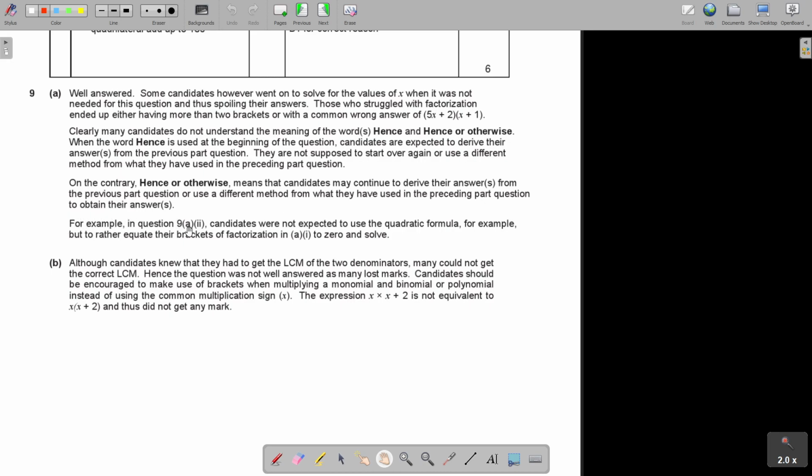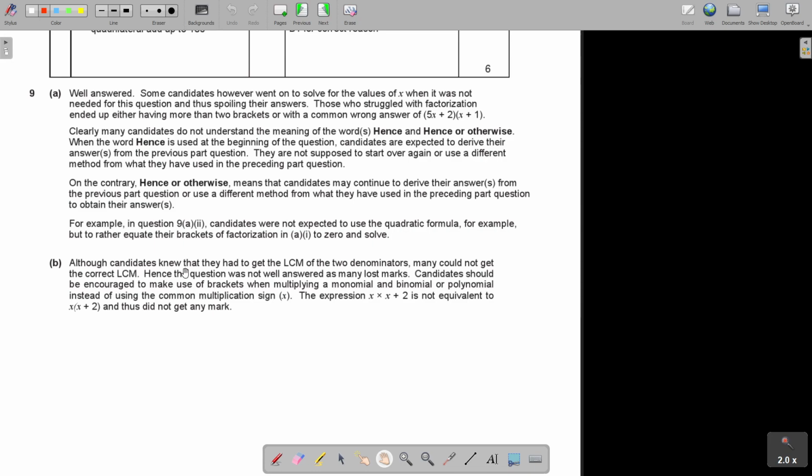For example, in this question, we're not expected to use the quadratic formula, but rather equate their brackets of factorization to 0. So it means just use A. They wanted you to use the factorization method. Don't go to the quadratic method. Although I don't think they will penalize you, okay, we will now see. But as long as you come to the answer there, they didn't mention that you must use factorization.